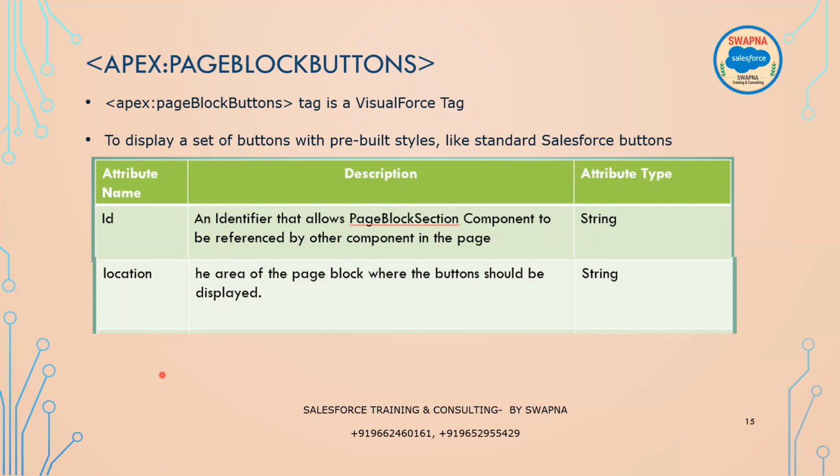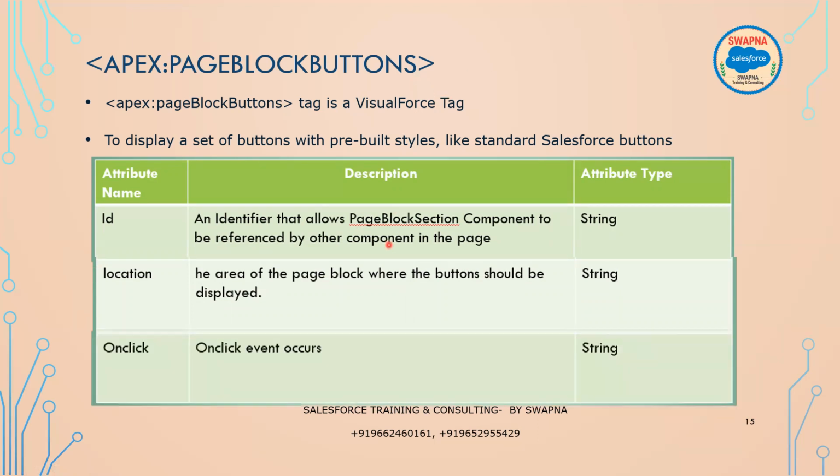Only two places are there, either top or bottom. The next one is onclick. If you click anywhere on that page block buttons and want to execute any logic, you can execute it. These are the three attributes right now. Take notes of it. Then we will see how to add a page block buttons.